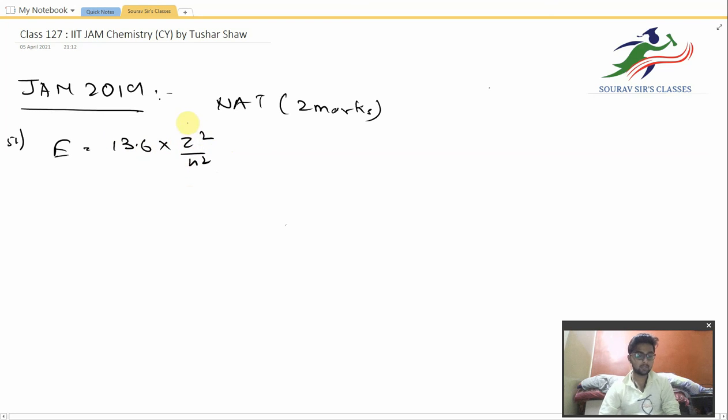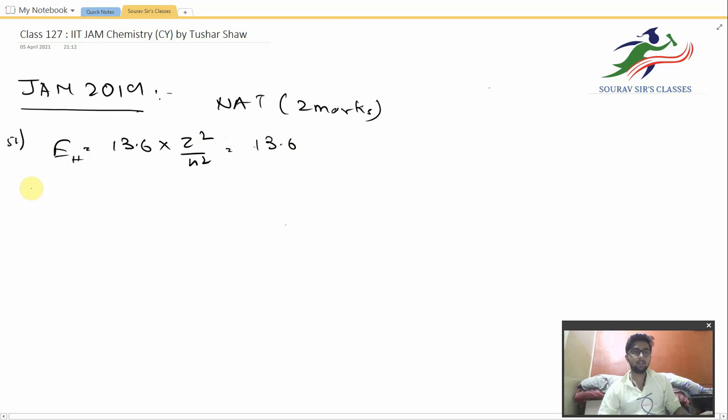We are excluding the minus sign over here. For hydrogen the orbit is first, so n is one, and the atomic number is also one. So we get E for H equal to 13.6.